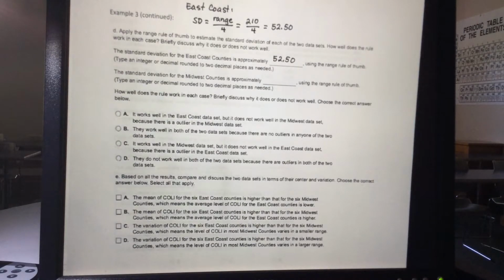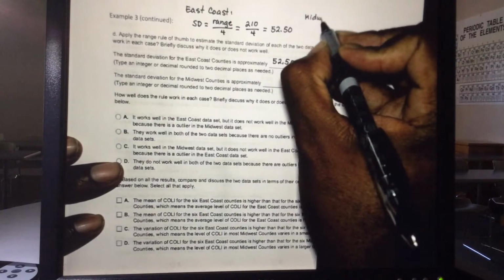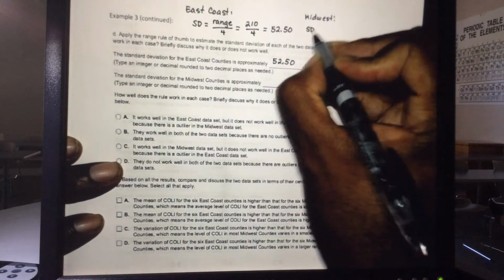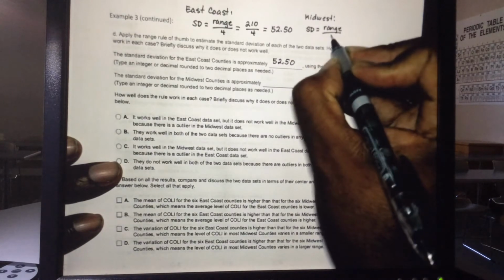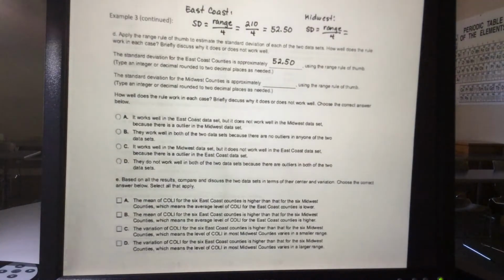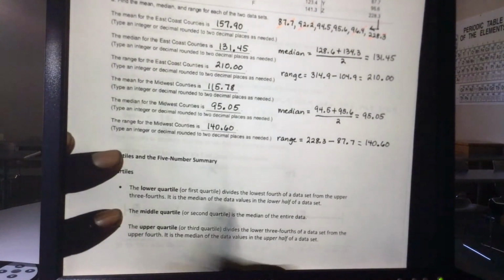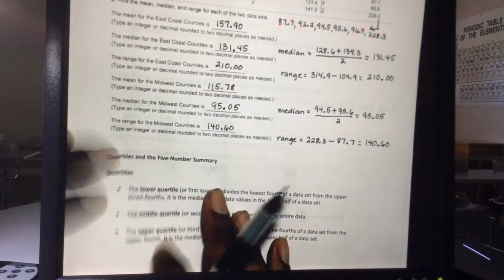And then for Midwest counties, the same thing. They want us to use the range rule of thumb. So your standard deviation will be the range of your Midwest counties divided by 4. Well, notice here, the range of the Midwest counties is 140.60.